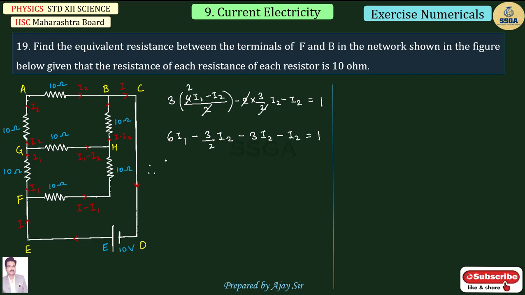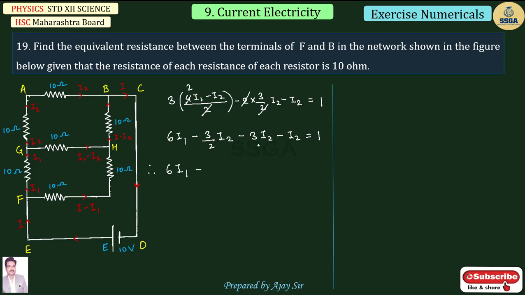So therefore this is 6 into I1. All three terms have a common term, that is I2, and the sign is minus.